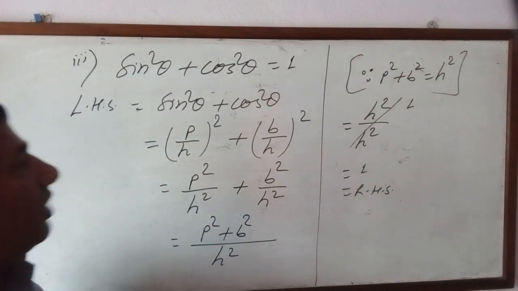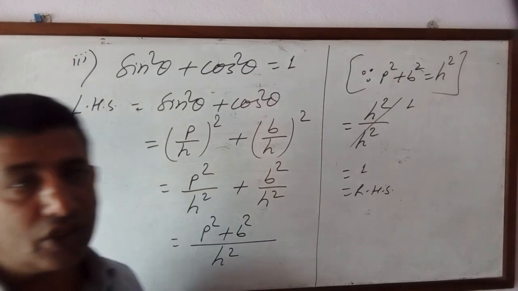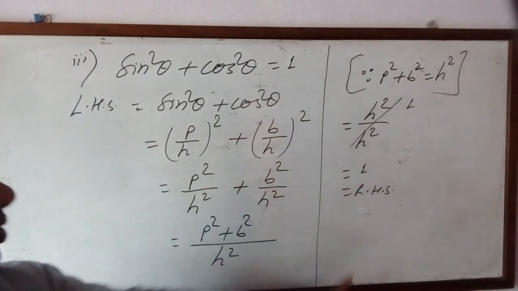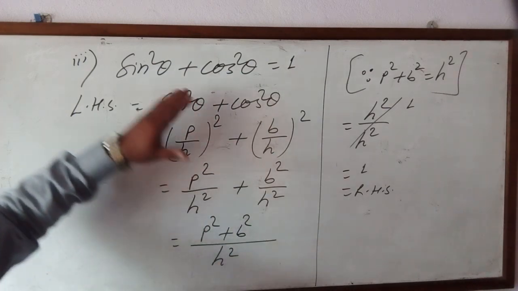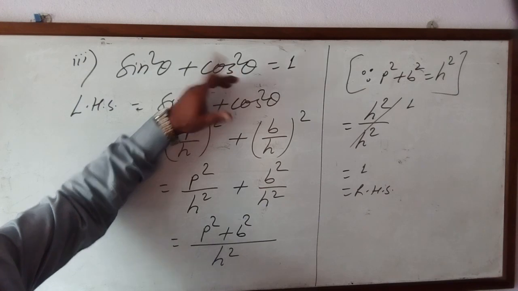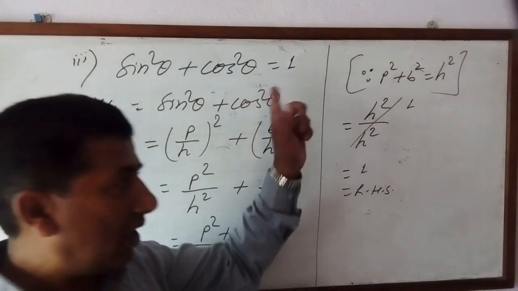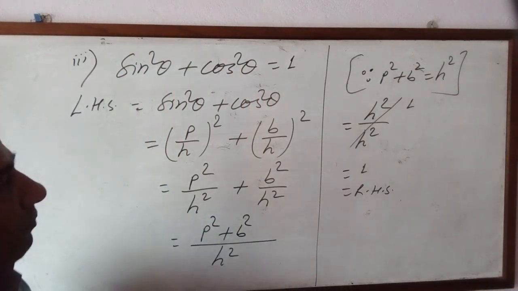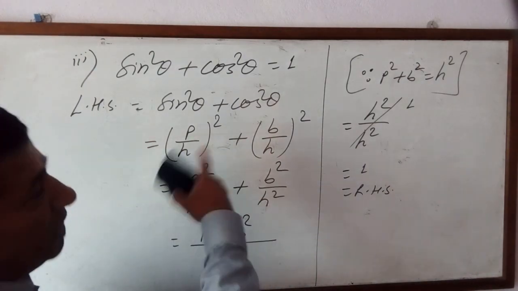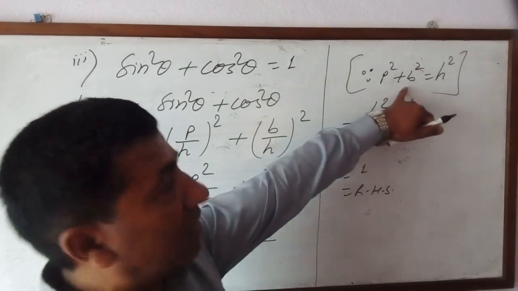In this way, we have proved sin square theta plus cos square theta equals 1. This is the way to prove. Again, I will find sin theta and cos theta. To prove this formula, we are using the Pythagoras relation.